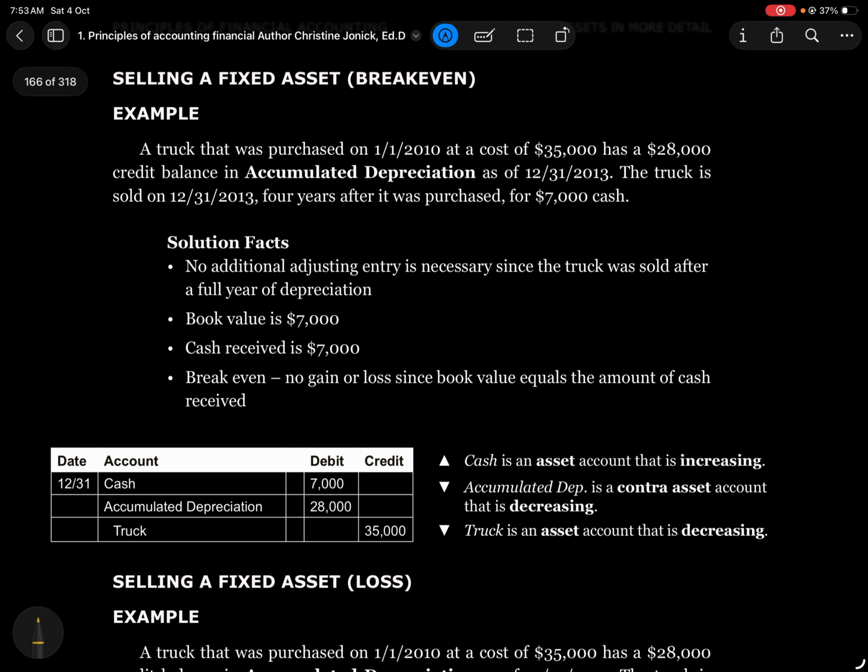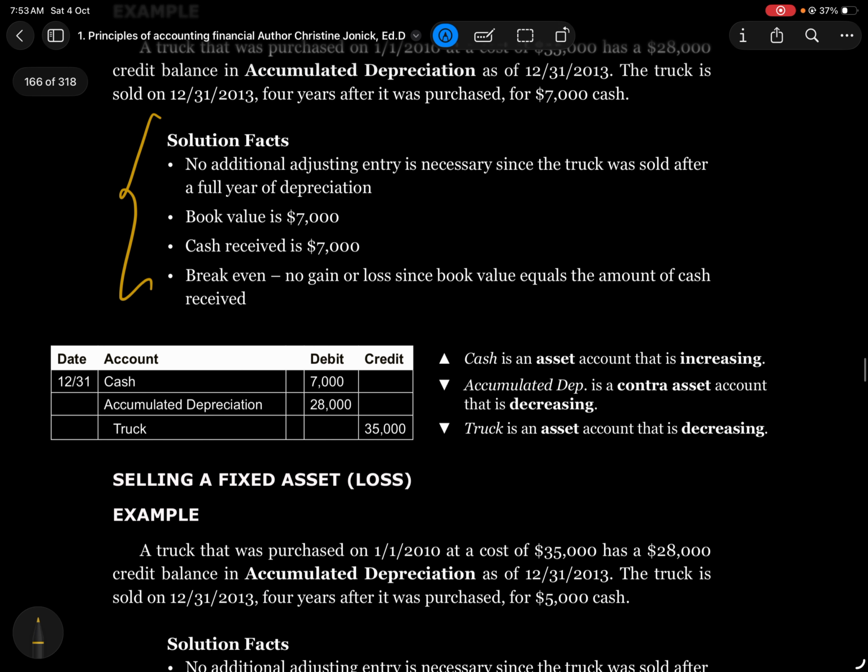So in this scenario, what happens? If the book value is 7,000, cash received is 7,000. So what would we do? We would debit cash 7,000. Right. Accumulated depreciation is what? 28,000. Right. So we receive the same book value amount. Right. So there is neither gain nor loss. And then we do credit truck. Right.